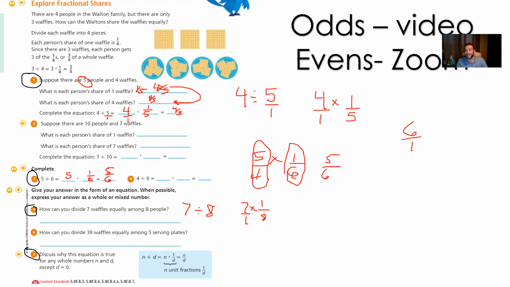I'm not flipping it. It is 7/1. I'm just doing that so I can multiply across. So that answer is 7/8. Discuss why this equation is true for any whole number. No, we're not going to do that part because that's where I start losing people. So don't worry about number 7.